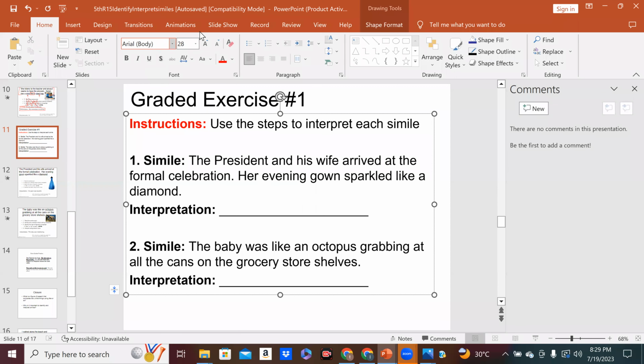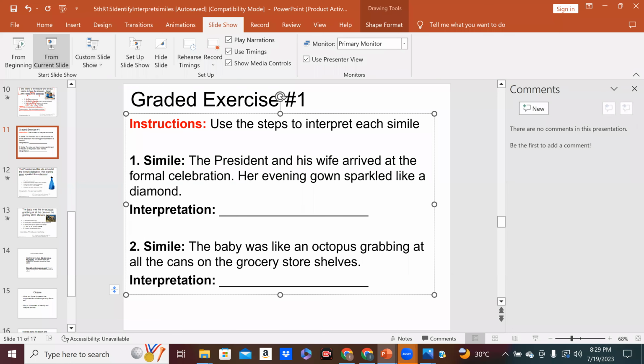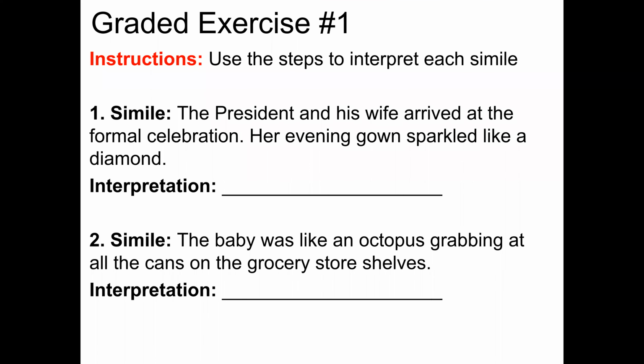So once you are finished with this, please take a picture of it and send it to me via WhatsApp. Again, we have two of these. I gave you the simile. I want the interpretation of the simile.